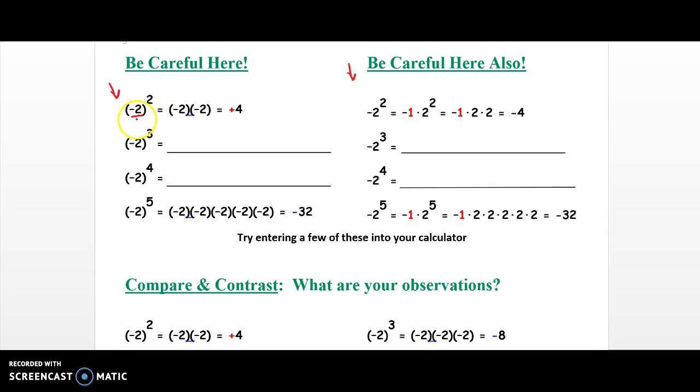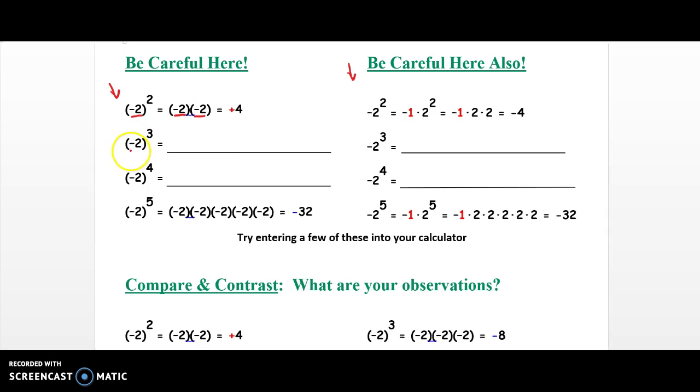It says take everything inside the parentheses and make it your base. So it's telling you to take -2 and multiply it by itself twice. A negative times a negative is a positive, and 2 times 2 is 4. So -2 times -2 is +4.